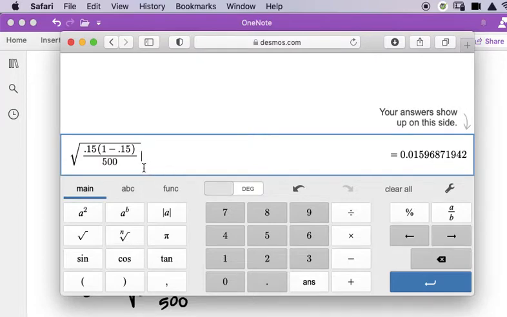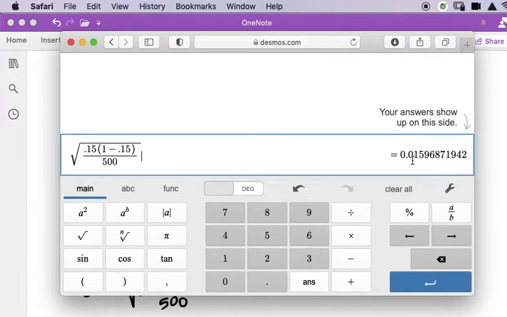So I've already typed it in here, 0.15 times 1 minus 0.15 divided by 500 and taking the square root of everything. And I can see that the answer is 0.0159687. I'm going to make sure that I leave at least 4 digits after the decimal point.